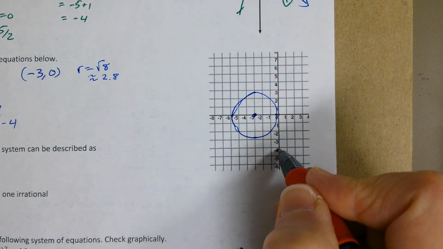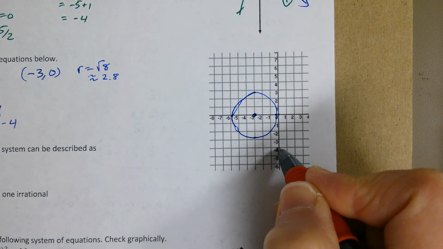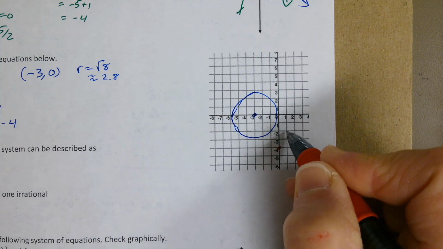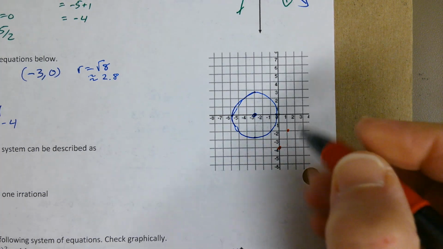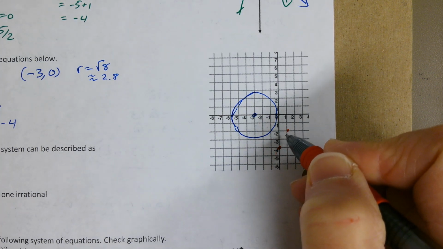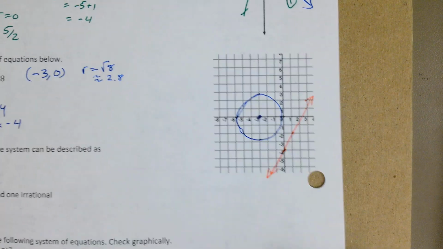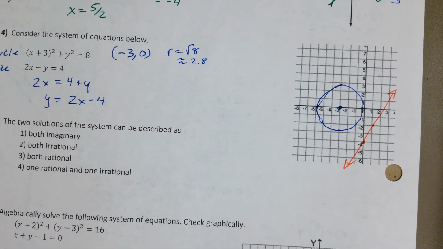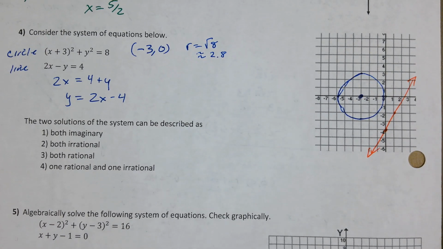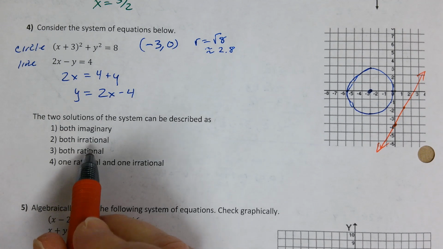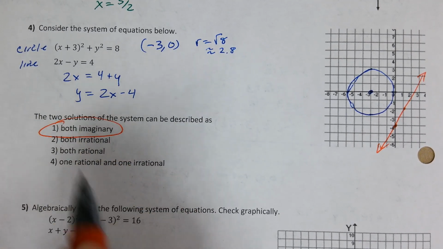Line, y-intercept -4. Oh, and then a slope of 2. No, this definitely does not even intersect. So the two solutions of the system can be described as both imaginary.